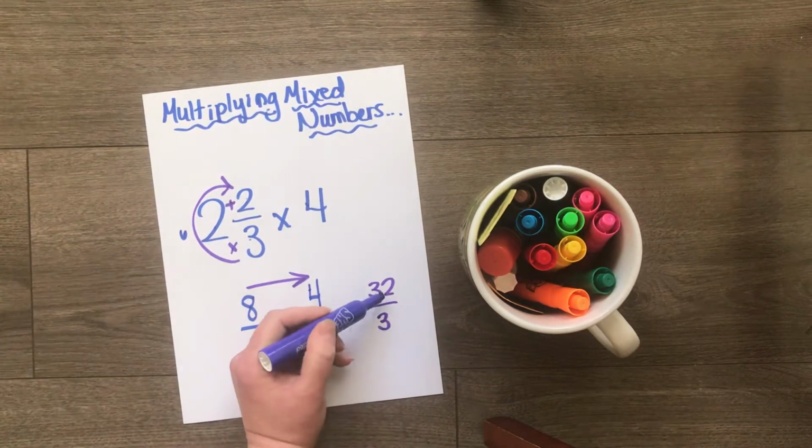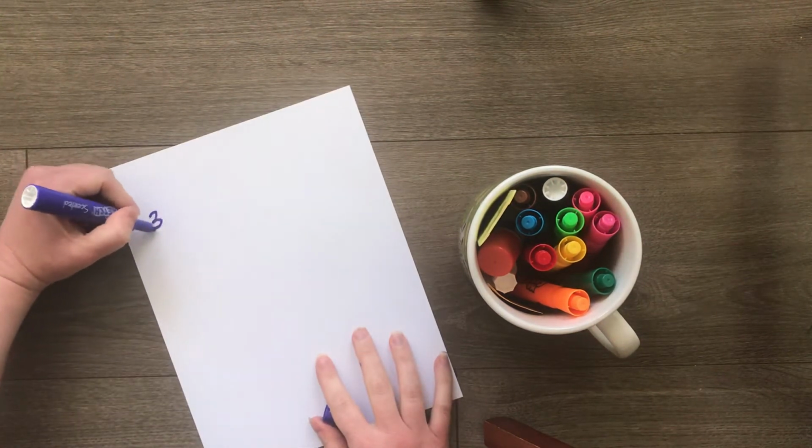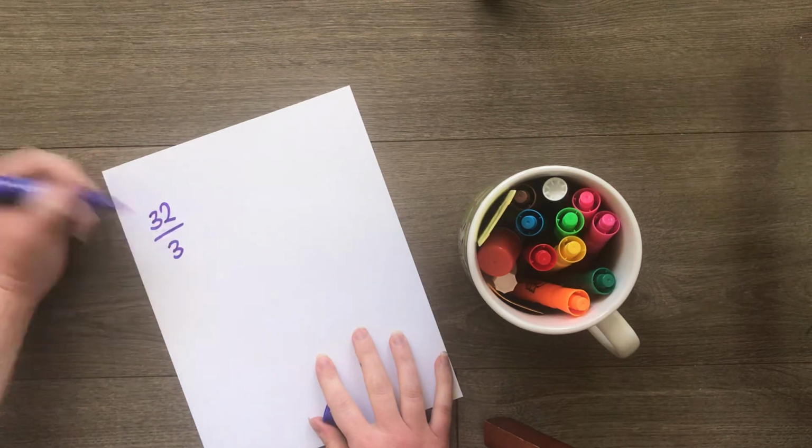Now, this is an improper fraction. So I'm actually going to have to do a little bit of work with this improper fraction to get it back down into a mixed number that's in its simplest form. So we'll start with our number, 32/3.